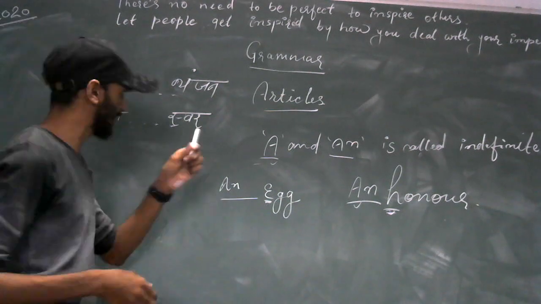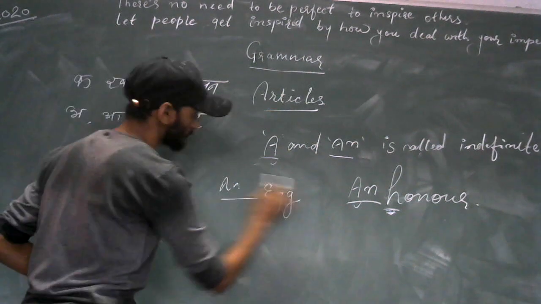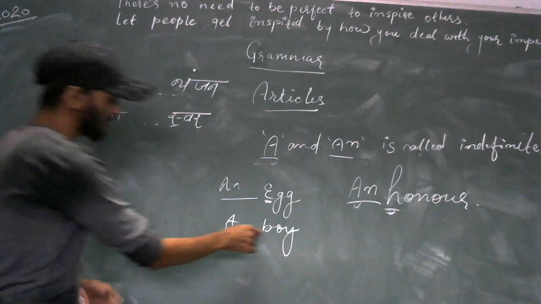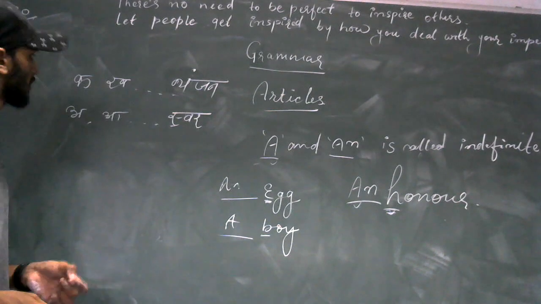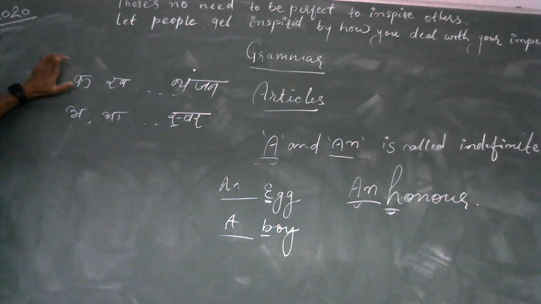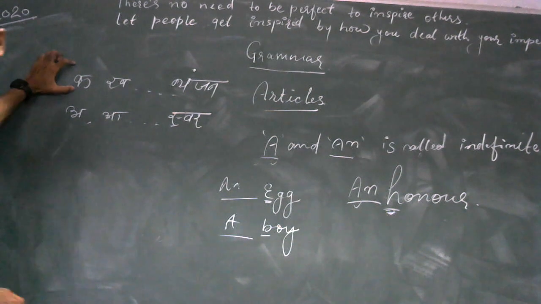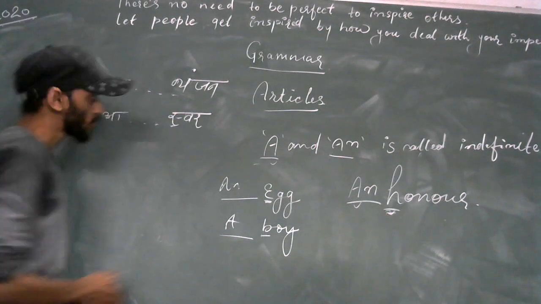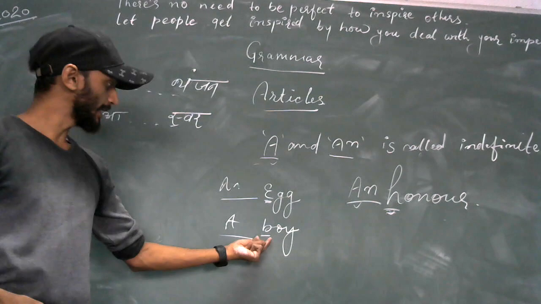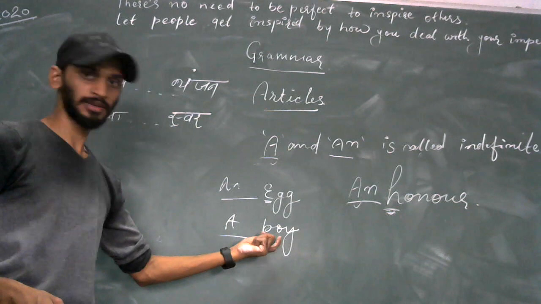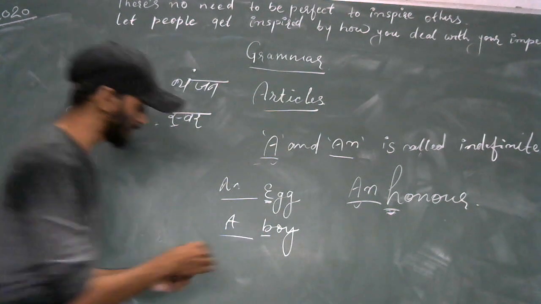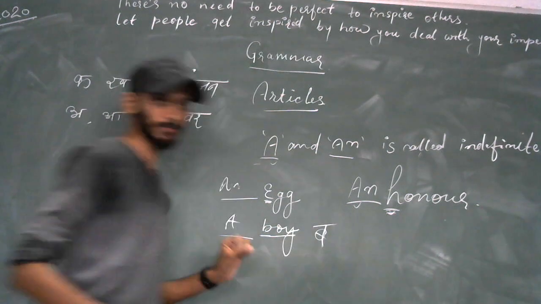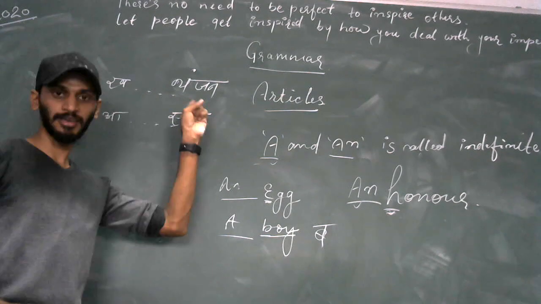Then we write, let us say, a boy. So we write A. Now here in boy, B is a letter that starts with the sound of Vyanjan, and that's why we write A. So a boy, and the letter is B. When we pronounce it B-O-Y, boy, the sound Bo is produced, that is, it comes in Vyanjan.